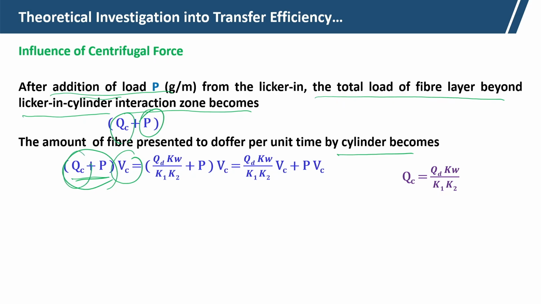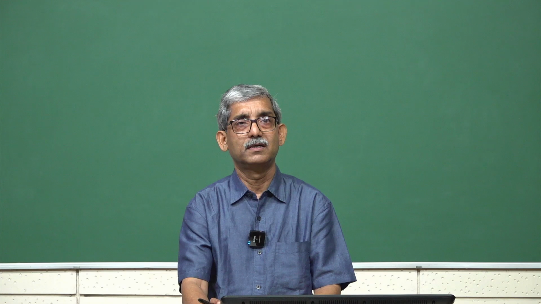So, Qc we have derived, so that we can get this relationship, total load. So, the amount of fibers presented to doffer by cylinder when waste is neglected. So, in this calculation, we are not taking the waste into consideration.